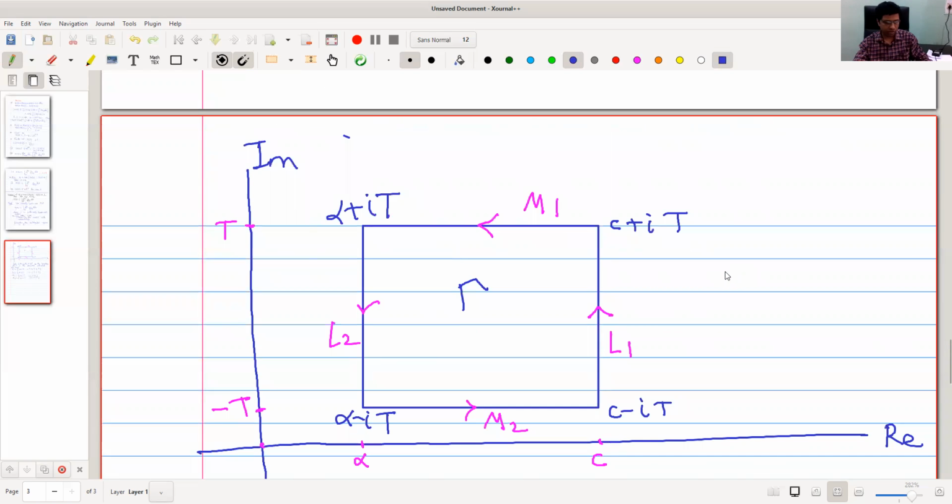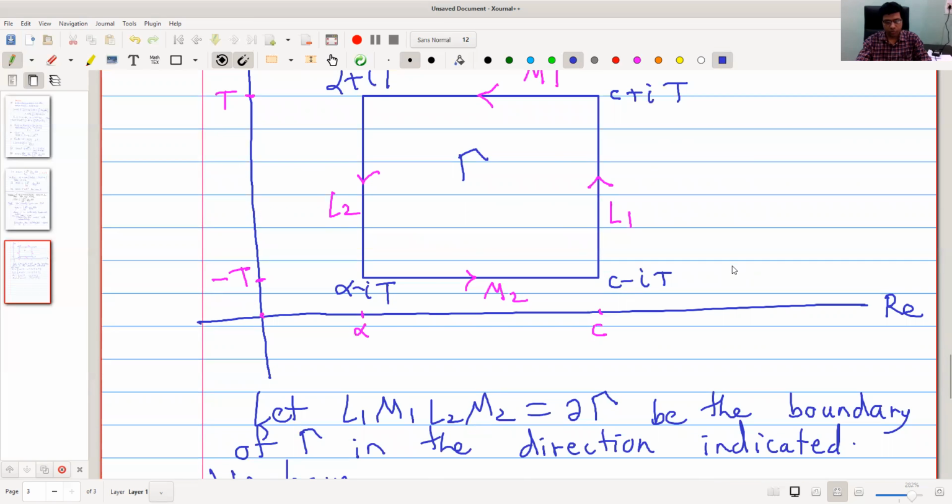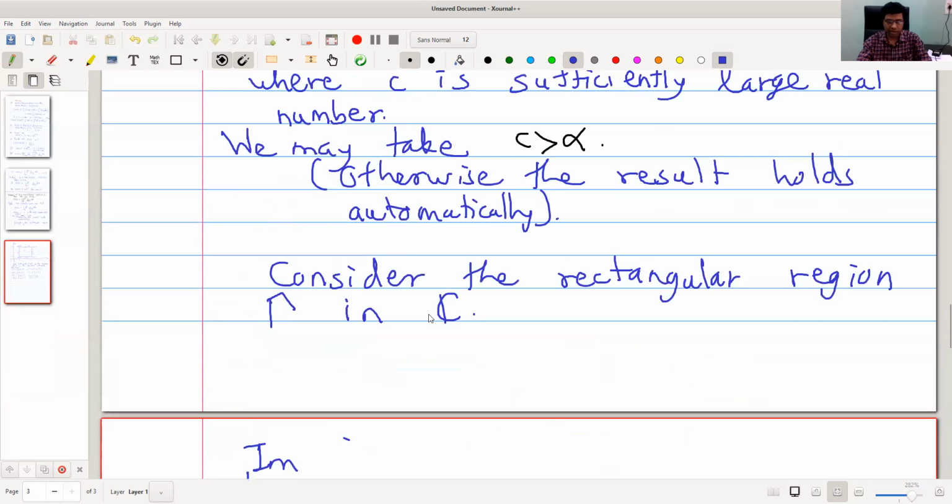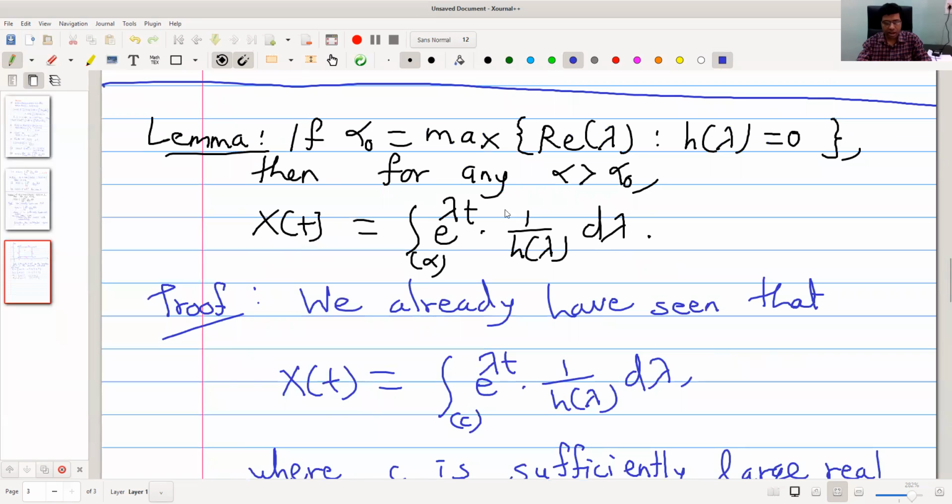Things are not difficult. Now we have one important observation. We have taken alpha greater than alpha 0. What is the speciality of alpha 0? Alpha 0 is the maximum of the real part of lambda such that h of lambda is equal to 0.